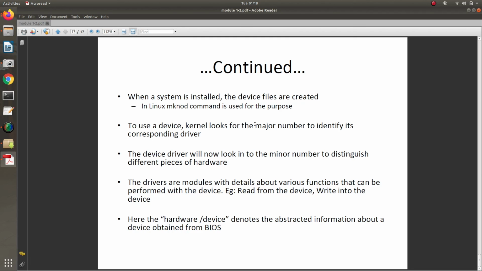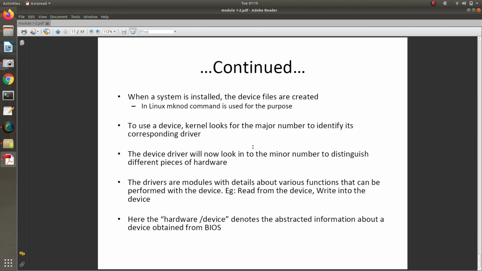Once the device driver has been identified, it will look for the minor number to distinguish. If you have two printers, it will use the minor number to identify which printer we have selected. The device drivers are modules with details about various functions that can be performed on the device: read from the device, write into the device, or if it's a printer, give input to the device to print. That's what happens when accessing an input or output device.